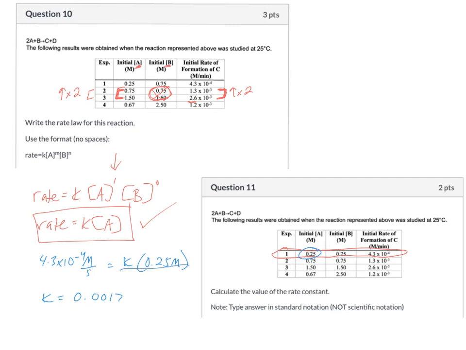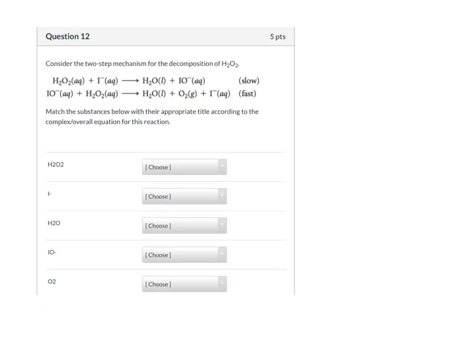And now some people might not understand what I did there, just in case, do that. And on this question, you did not need to put the units there. But if you did, it gave you some points there. If you didn't, you didn't lose points either. Okay. So, yeah, that's K.